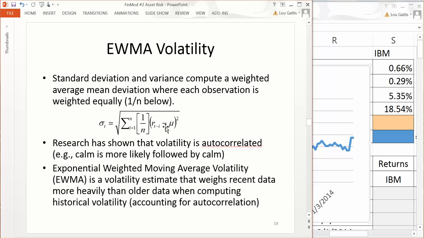It's all equally weighted. However, research has shown that the volatilities are autocorrelated. So we think that last month's volatility deviation is a little more informative for next year's forecast than, say, 5 years ago. So the exponentially weighted moving average volatility, EWMA volatility, accounts for that.